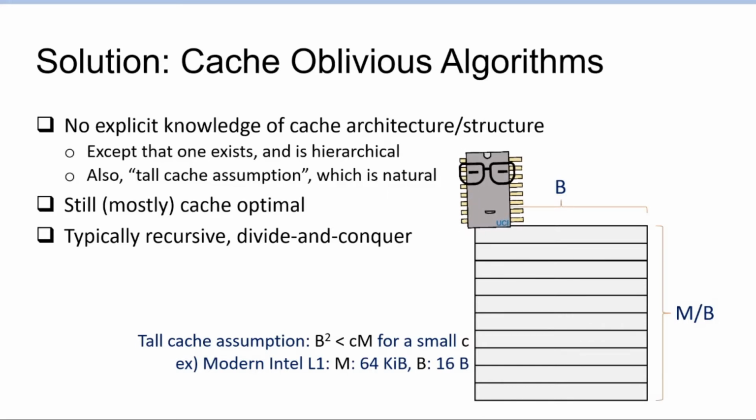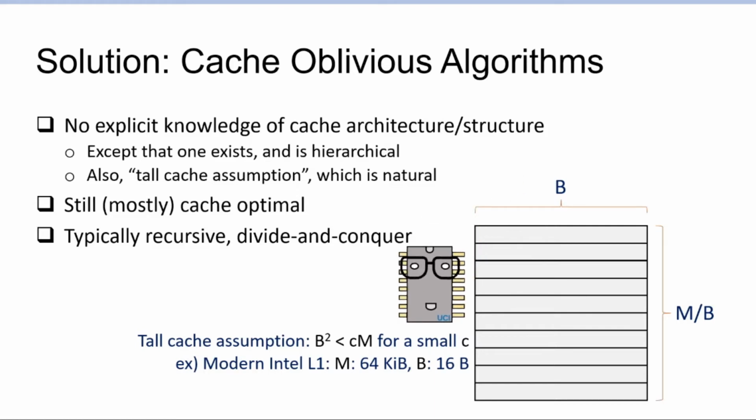This is not very important for our high-level purposes right now. This point becomes important when you try to actually do algorithmic analysis on these things. But I do need to point out, before we move forward, that most cache oblivious algorithms, and especially the ones we're going to look at, depend on the tall cache assumption, which is natural. We don't have to worry too much about it.